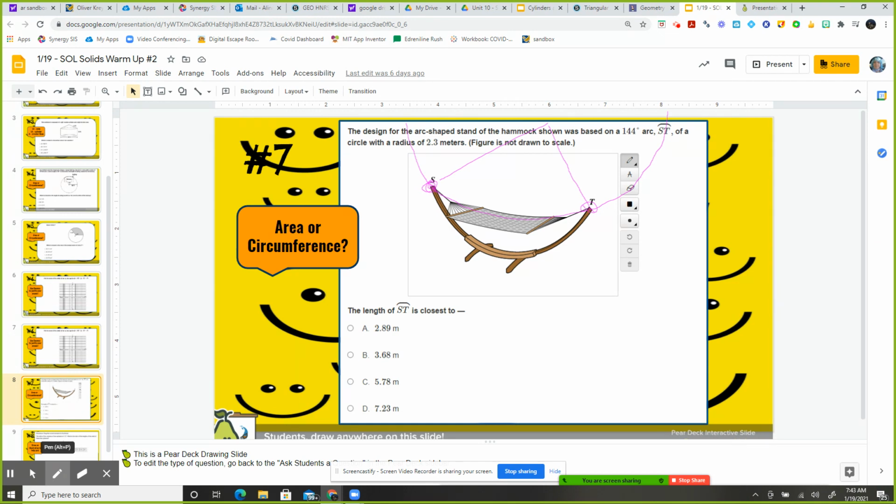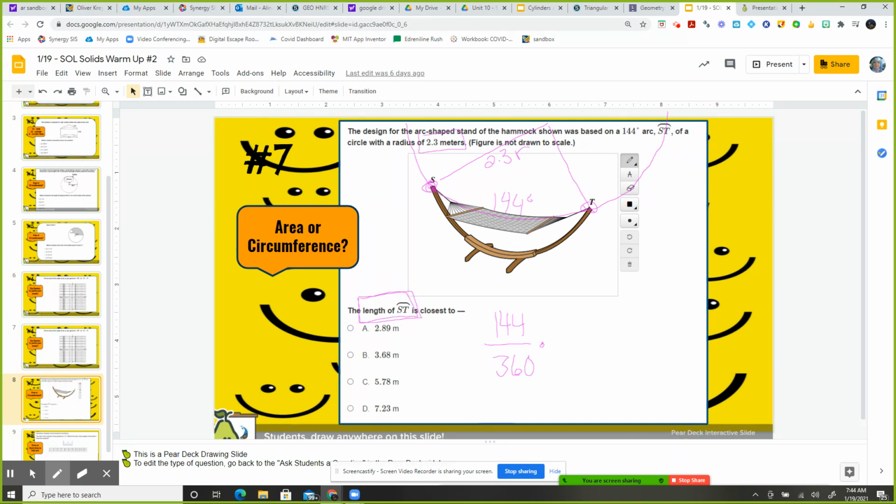The design for an arc-shaped stand of a hammock was shown as 144 degrees. So 144 degrees is the piece that we can see, with a radius of 2.3 meters. So 2.3 is the radius. If you're given an arc with an angle and a radius, put that into the part divided by 360 times, and then I'm looking for length.